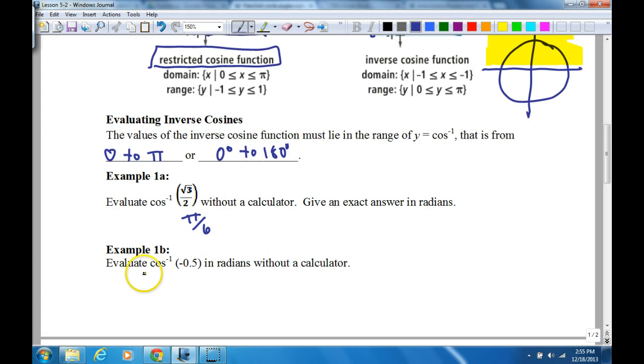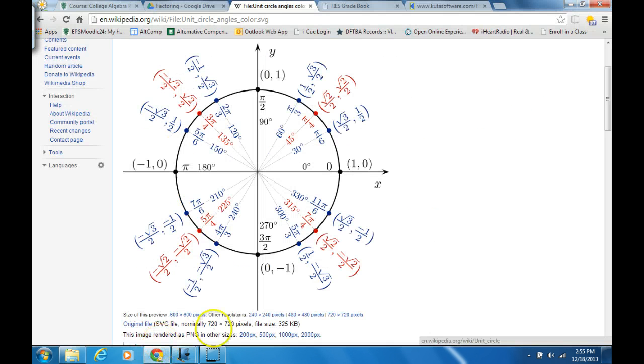So this one says evaluate cosine to the -1 at -0.5. You could say it like this, can you not? Say -1/2. Does that look more familiar? Okay. So let's go to our unit circle and find out where we have a -1/2. Is that at 0 and 1?